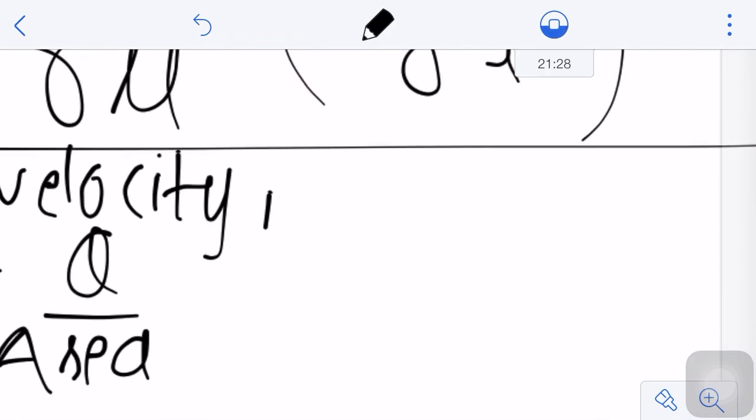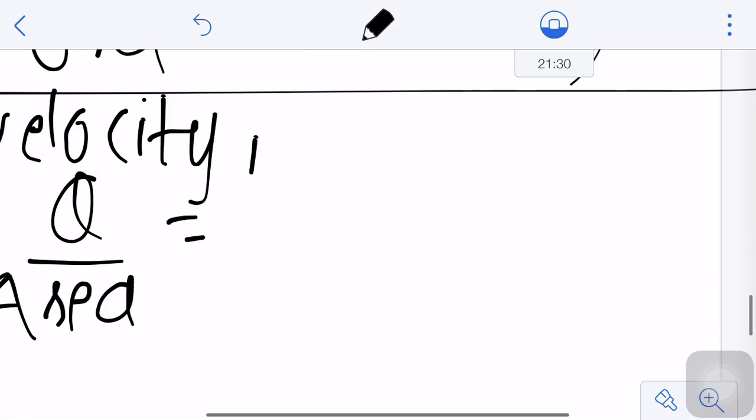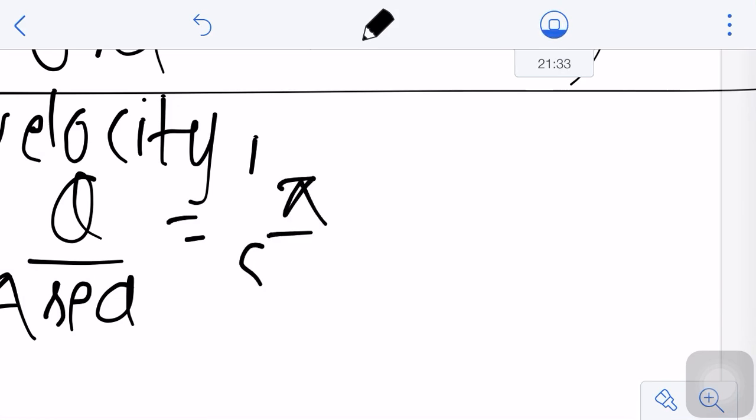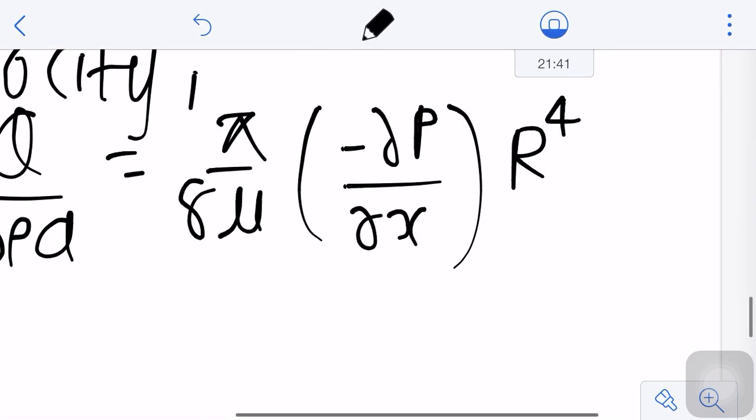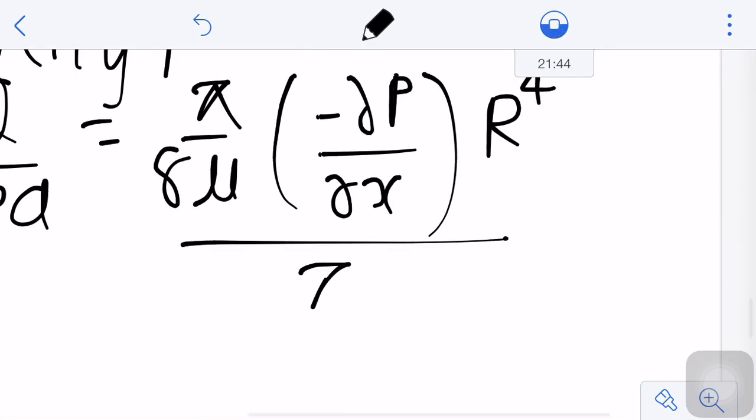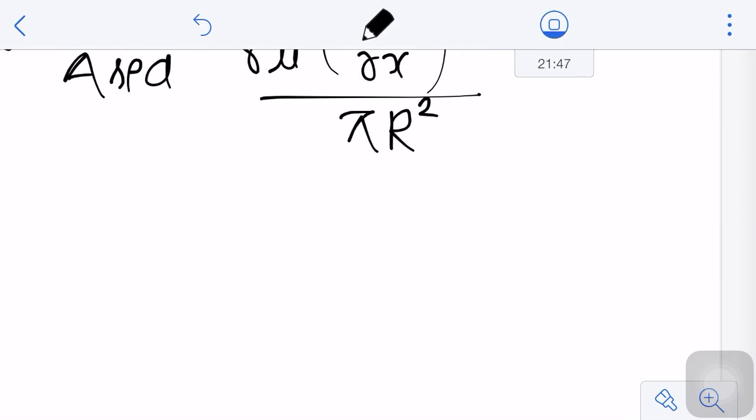So what is Q? As we have just found out, pi upon 8 mu bracket minus ∂p upon ∂x into R raised to 4, and the area of the pipe is nothing but pi into R square.